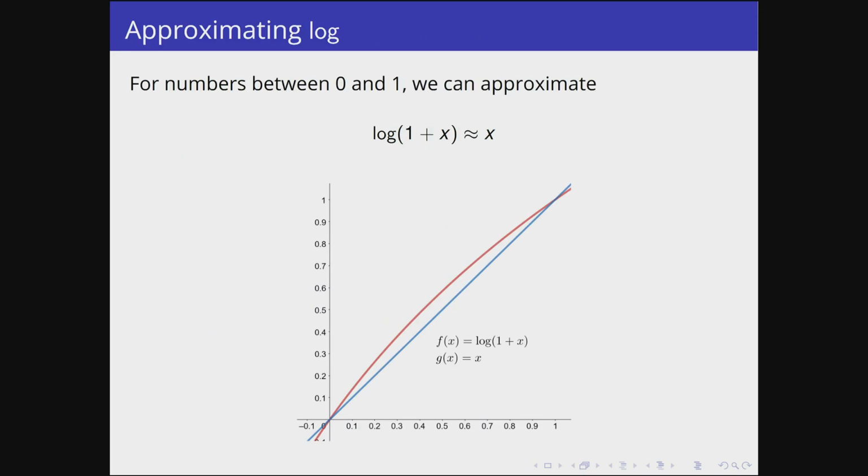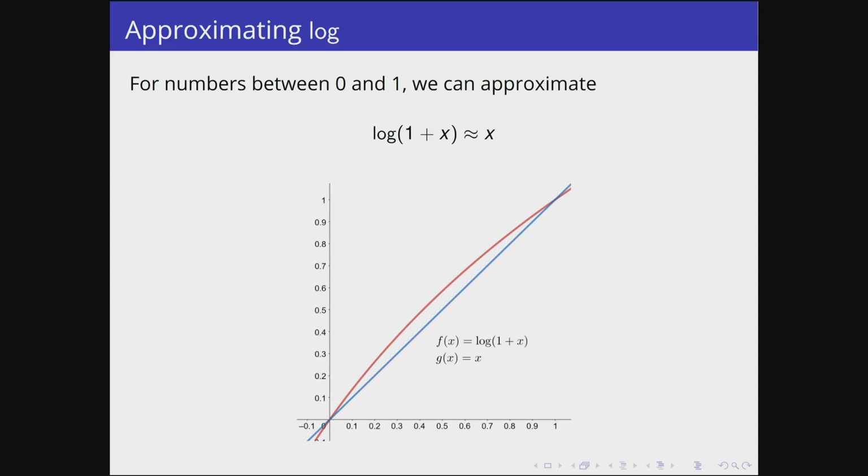So we can actually approximate the logarithm of 1 plus x as simply x. This is quite a good approximation. It actually works as an identity at 0 and 1. We only talk about the logarithm of base 2 here, because we are computer scientists.